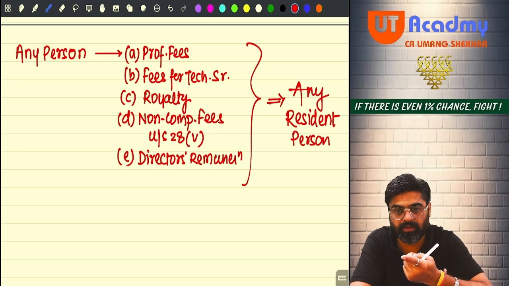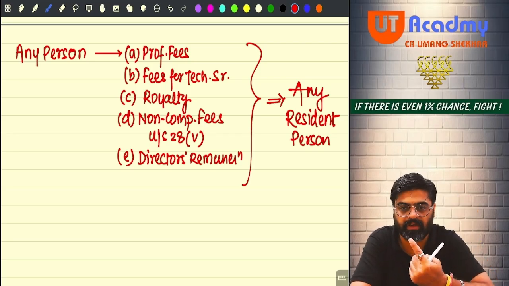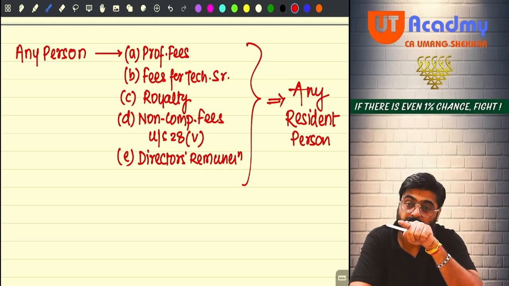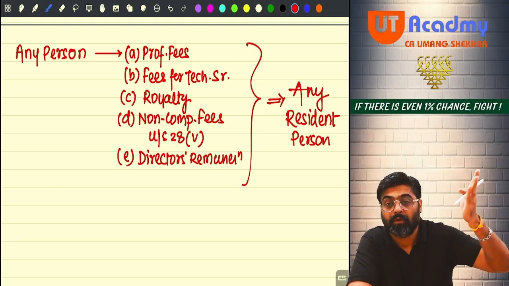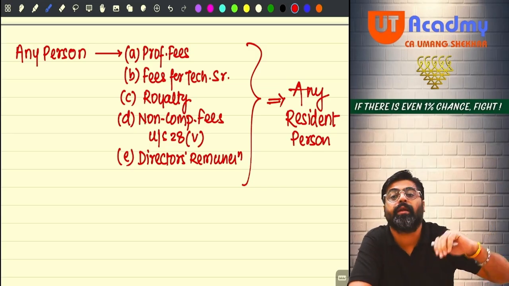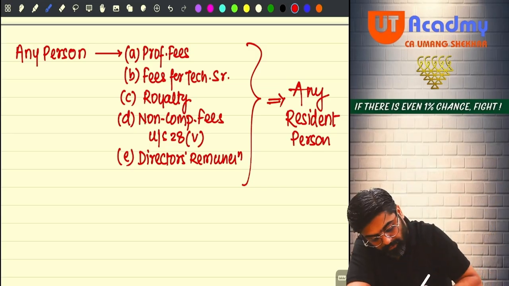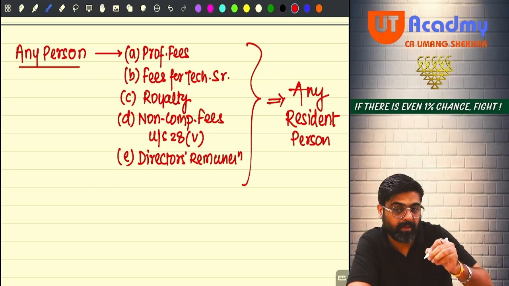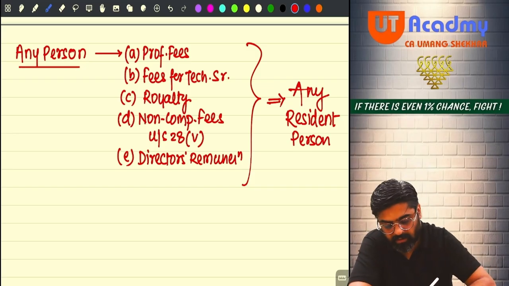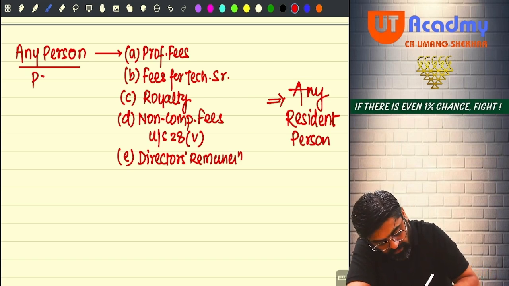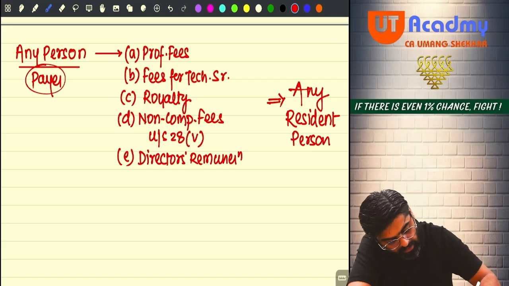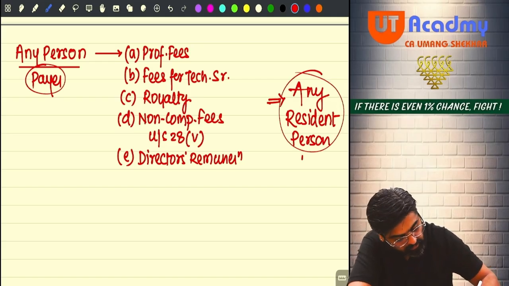The TDS provision which we are going to discuss right now for these payments applies if they are paid to a resident. So any person can make these payments to any resident person. So this person is a payer, and this person is a payee.